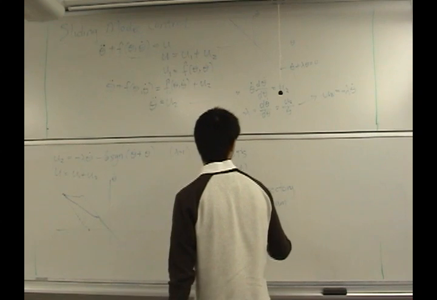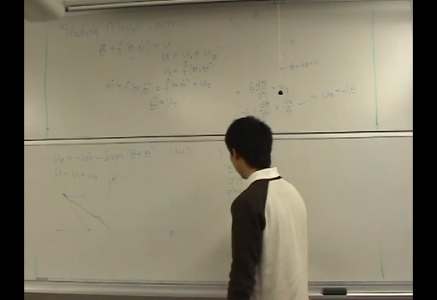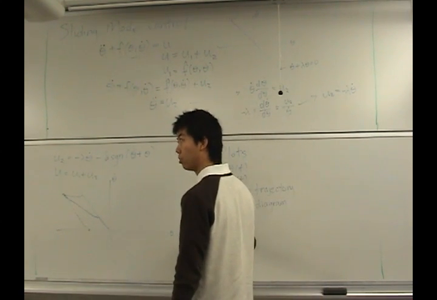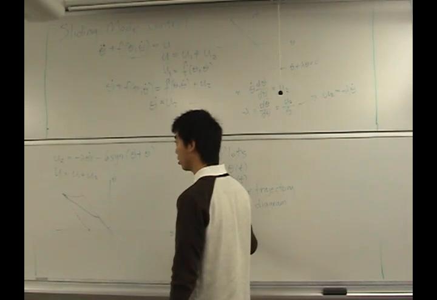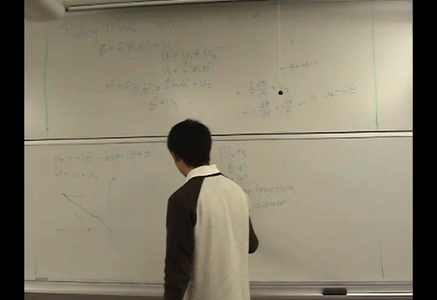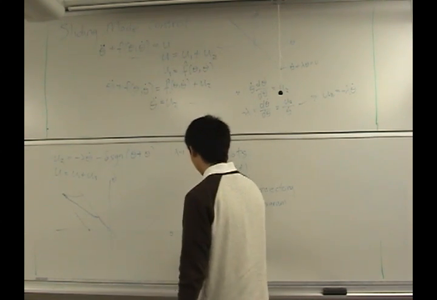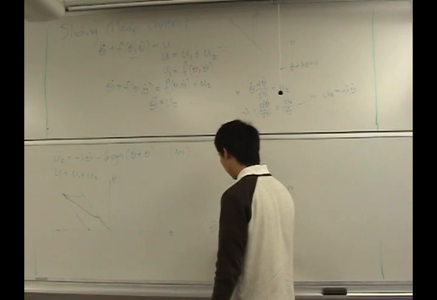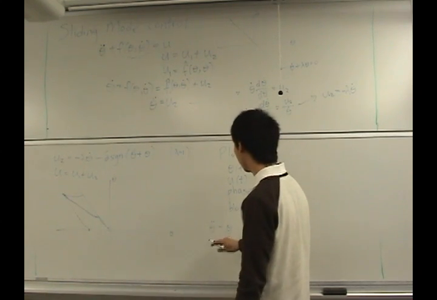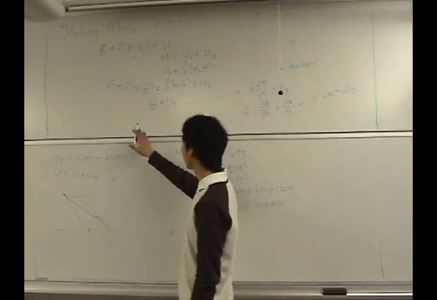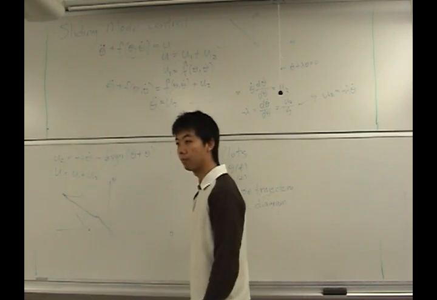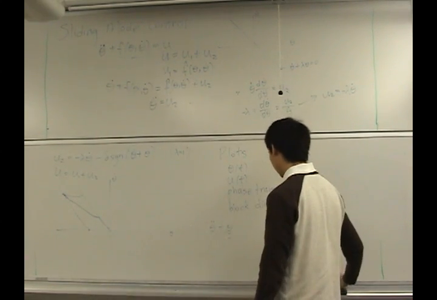So if you had 1 over 3s squared minus 1, you'd have to rewrite it. If it's 3 theta double dot minus theta, just rewrite that so you get it into a form like this.